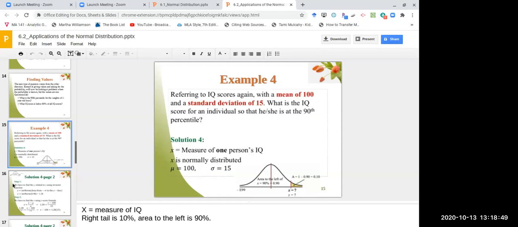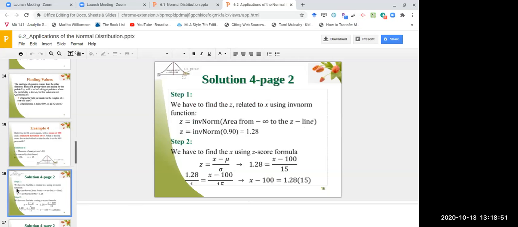And when you put this in your calculator, you get inverse norm. And so we have to deal with the inverse norm of this function, okay?